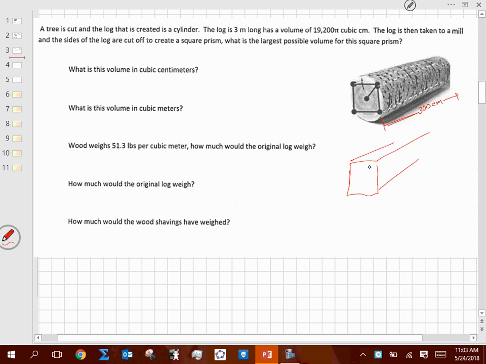I need to know what the side lengths of this square are. They tell me the volume of the log, so I don't know enough about this shape yet to figure out those sides. But I do know that that distance right there is the same for the square prism as it is for the cylinder.